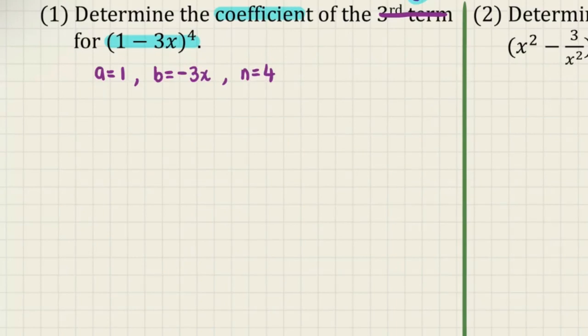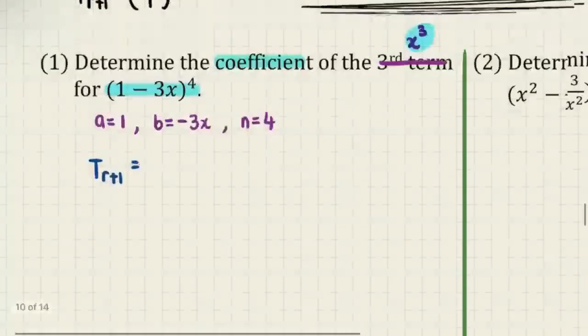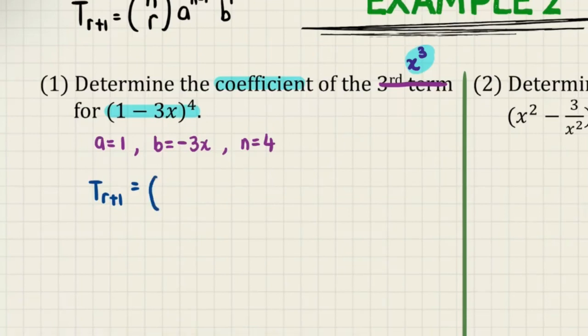Okay, so kita dah ada A, dah ada B, dah ada N. So masukkan dalam formula. So T of R plus 1 equals to, kita check balik formula dia apa, nCr. N will be 4. R akan kekal R sebab sekarang ni kita tak tahu dekat term yang keberapa x cube ini berada. So sekarang ni saya akan biarkan dia in terms of R dahululah.